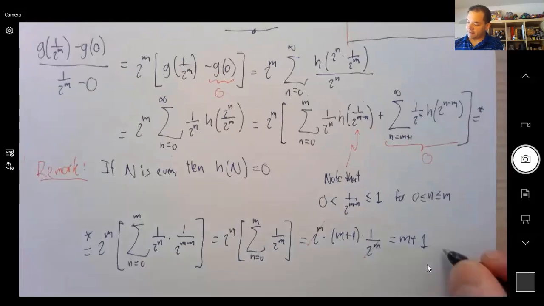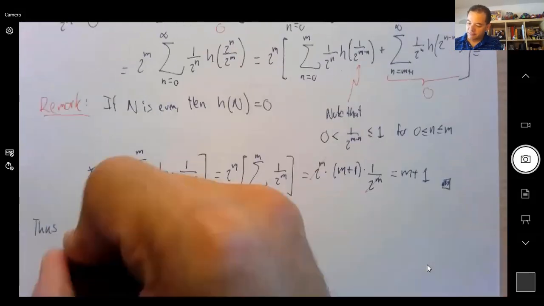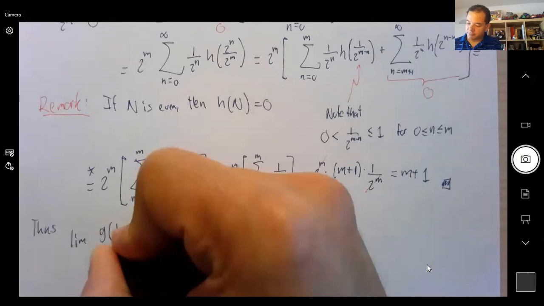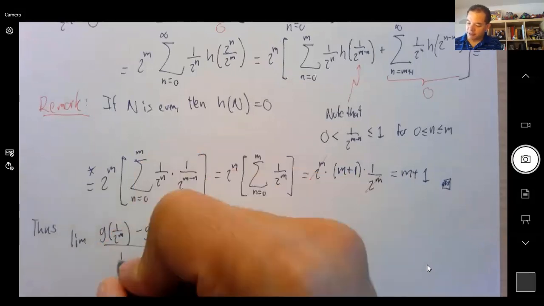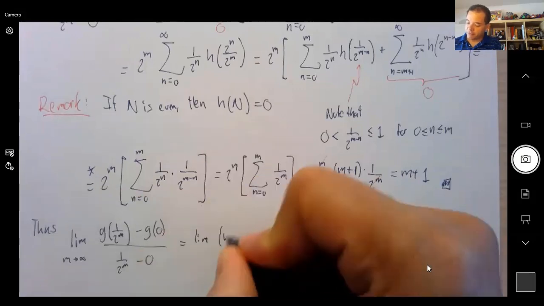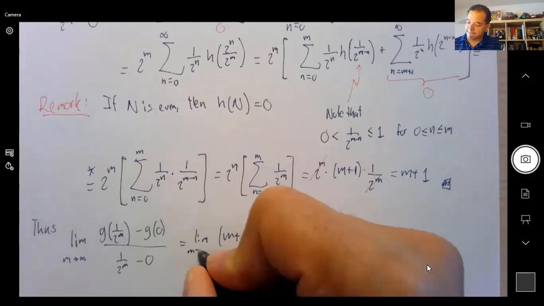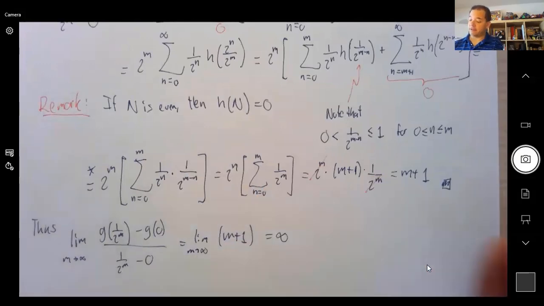Okay, so that's the end. And then, like we were saying, let's just finish it up here. Thus the limit of g of 1 over 2 to the m minus g of 0, over 1 over 2 to the m minus 0, is the same as the limit of m plus 1, and that's infinity, which means it doesn't exist, right?